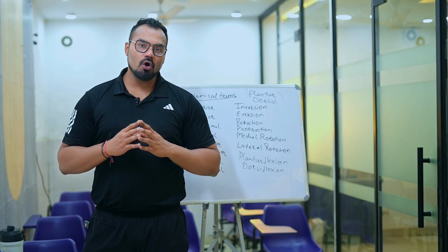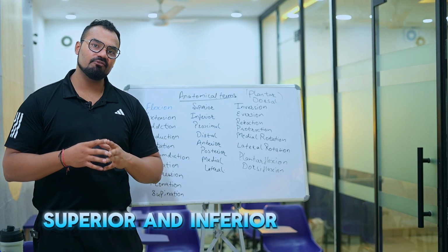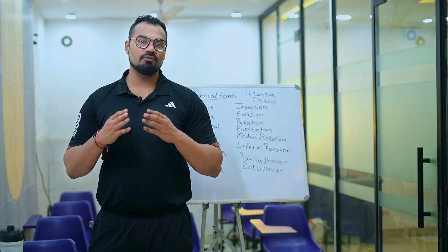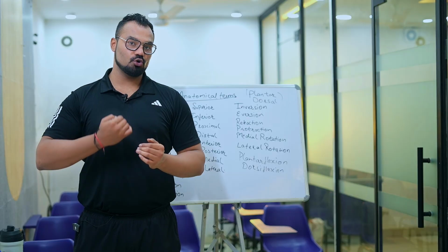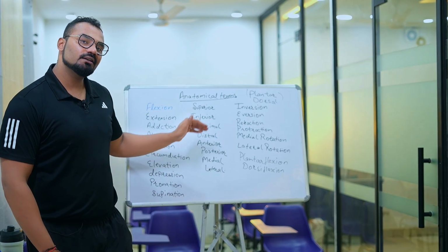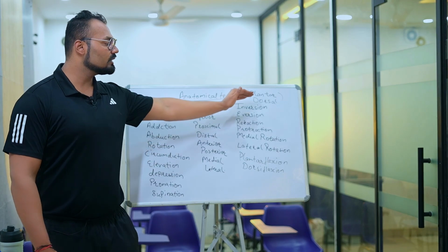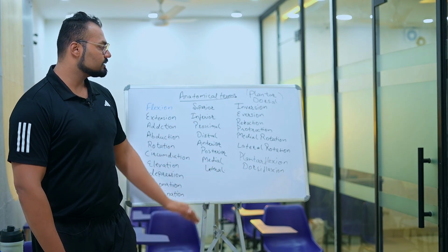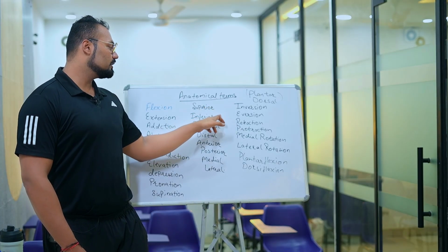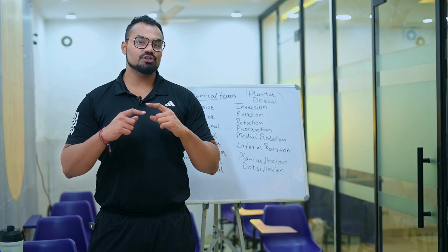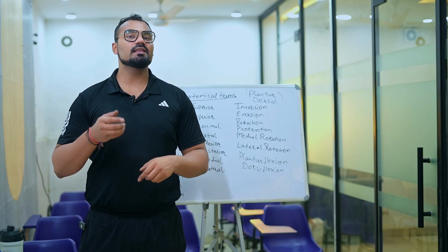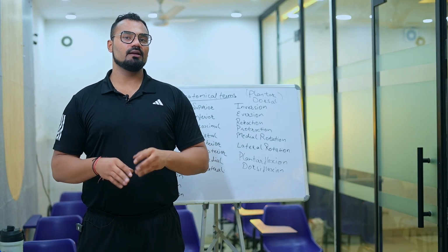In anatomical position, anything closer to the head, in terms of your joints, is superior. Everything is in terms of your joints. Anything which is far away from your head is inferior.